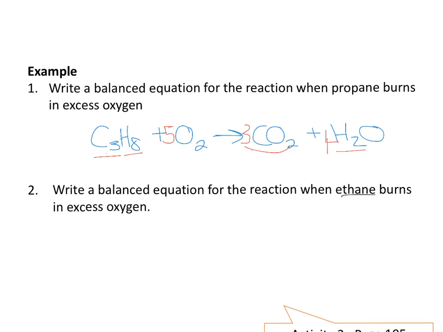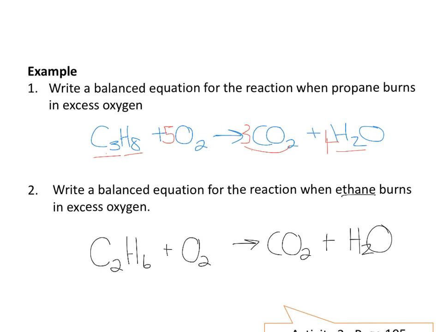Now they ask, ethane burns in excess oxygen. So ethane is C2H6 plus O2, which is then going to give me CO2 and H2O. Great. Let's go back. 2 carbons, 2 carbons, 6 hydrogens, so I need to put a 3 in front of here.